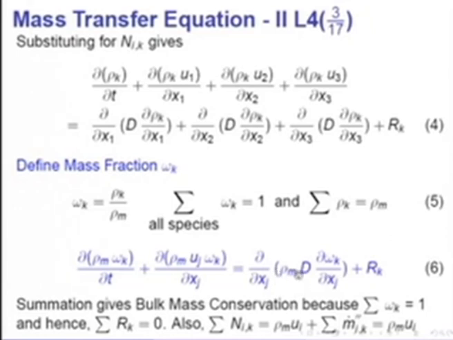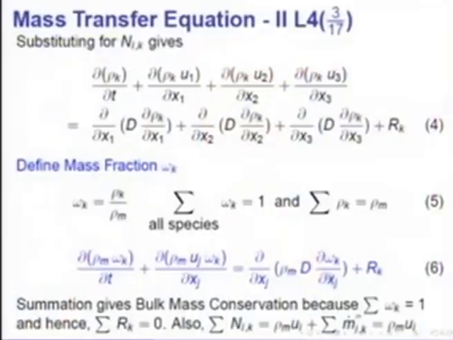What does summation of diffusion equal to 0 imply? It implies that when some species are being diffused in a certain direction, other species are being diffused in the opposite direction, and that stands to reason. For example, if fuel was decreasing, then product would increase.